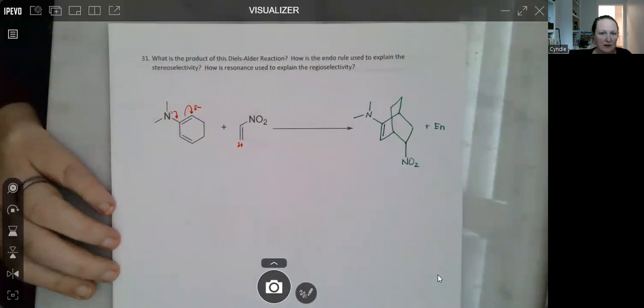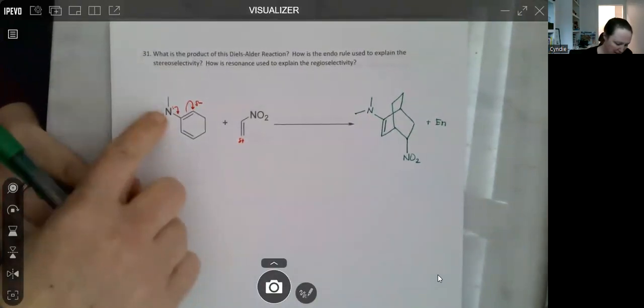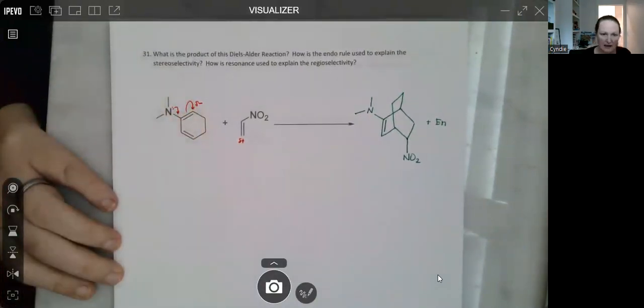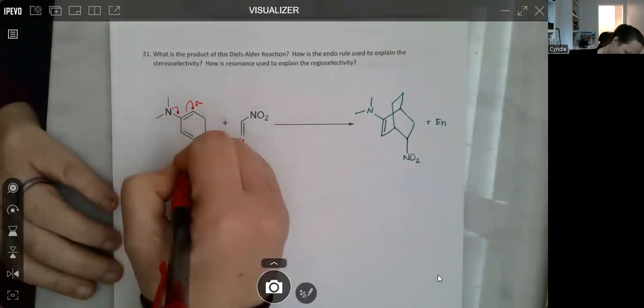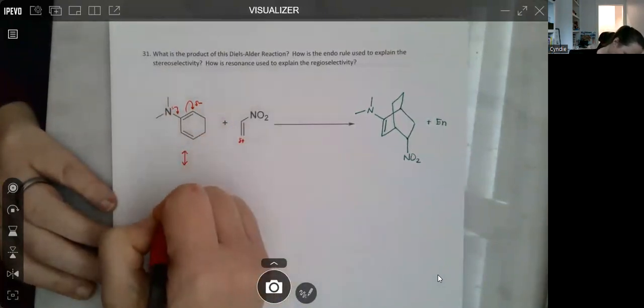Okay, so how is the endo rule used? And what about resonance, right? So we kind of showed the resonance here. We can draw that out completely.